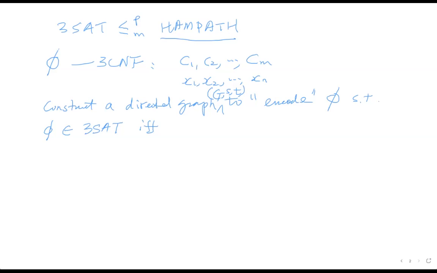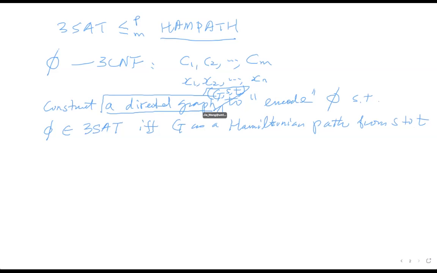So this phi is positive if and only if G has a Hamiltonian path from S to T. The construction of this directed graph is challenging, but now we just need to verify that the construction given in the textbook is correct.